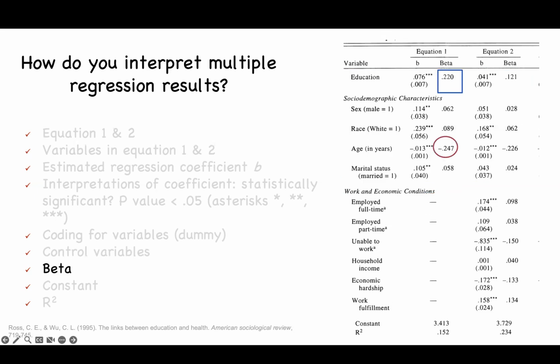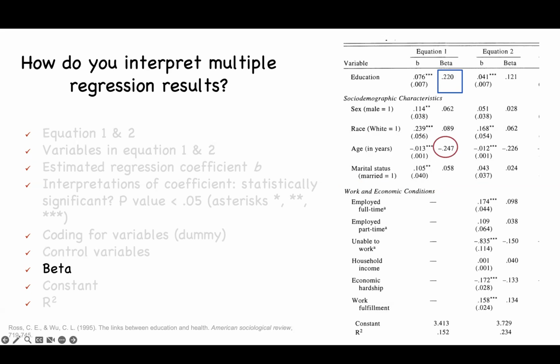So let's talk about beta, the standardized coefficient. If I want to compare, for example, a 1 unit increase on the economic hardship scale with a change from unmarried to married, I cannot do it because the unstandardized coefficient B depends greatly on the unit of measurement for their unique variables.